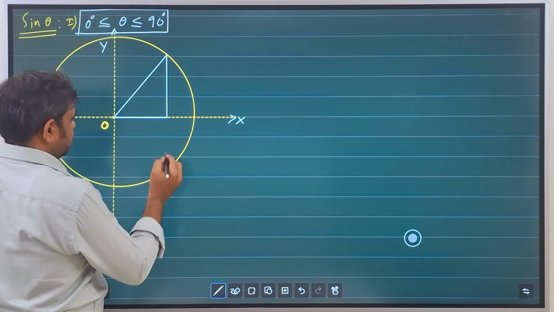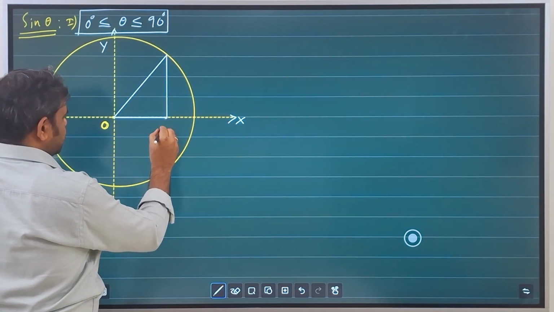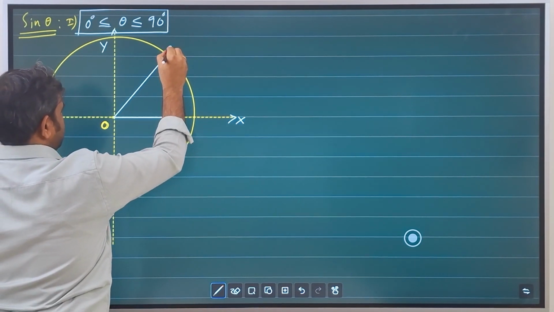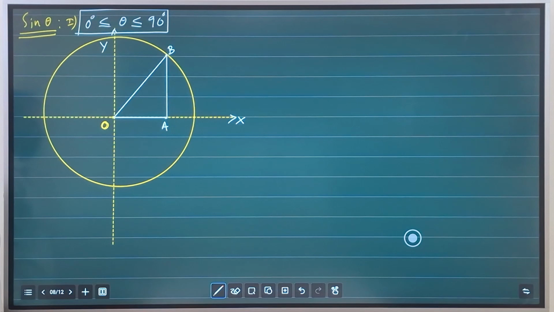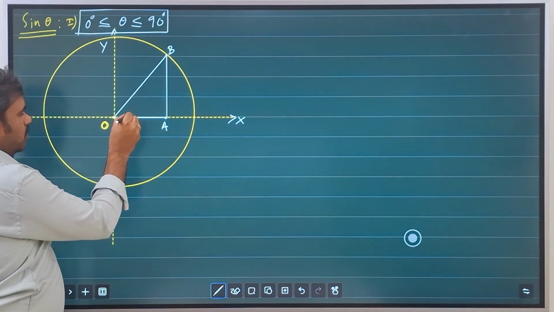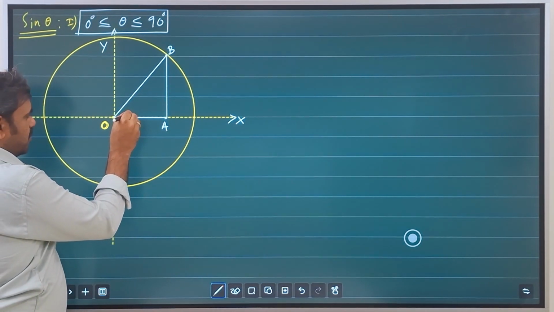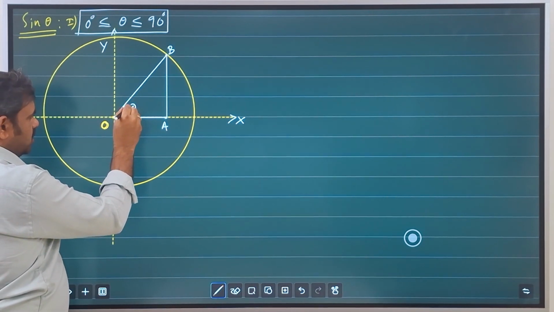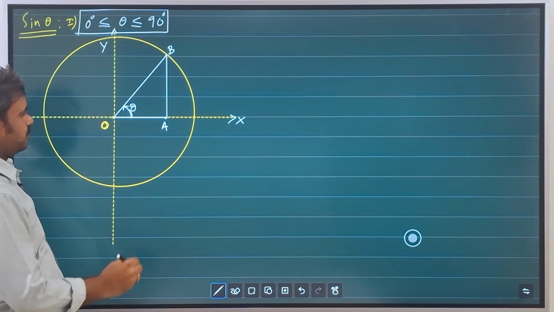Let us say this vertex of the right angled triangle is A and this vertex is B. Now the angle made by the hypotenuse with the x-axis is, let's say, angle theta.